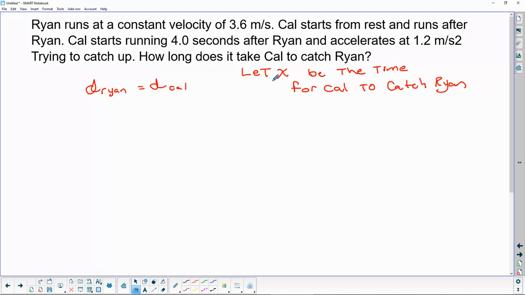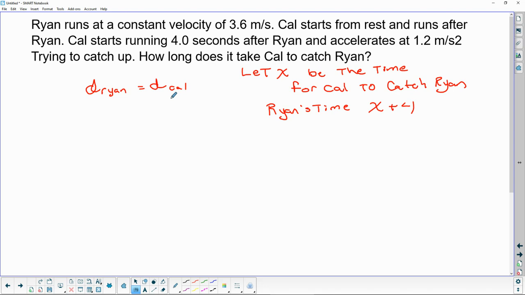So we'll say that Ryan's time will then equal x plus 4 more seconds, because Cal is waiting, and 4 seconds after Ryan passes him, he starts running. That makes sense, right?